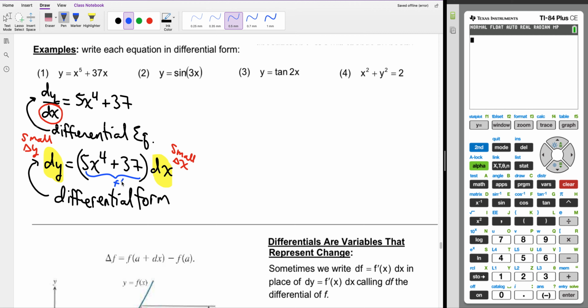So that's a dx. What I would get by multiplying these two things, f prime times dx, would be the area that's bounded within that rectangle. So I'll just say the area of the rectangle.